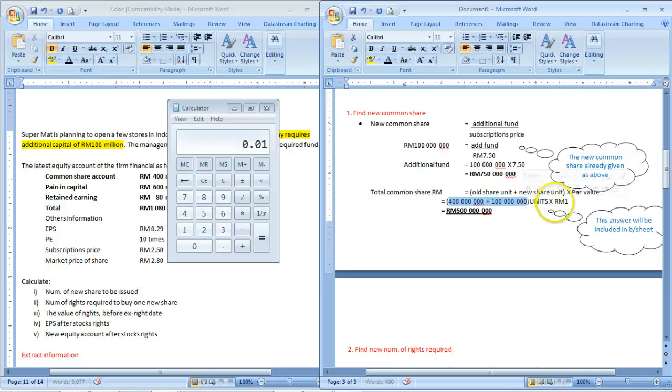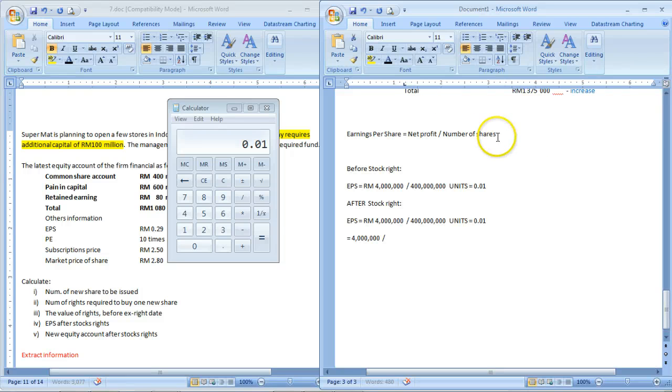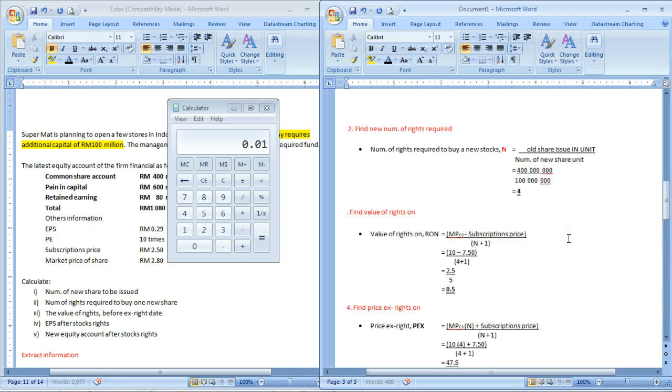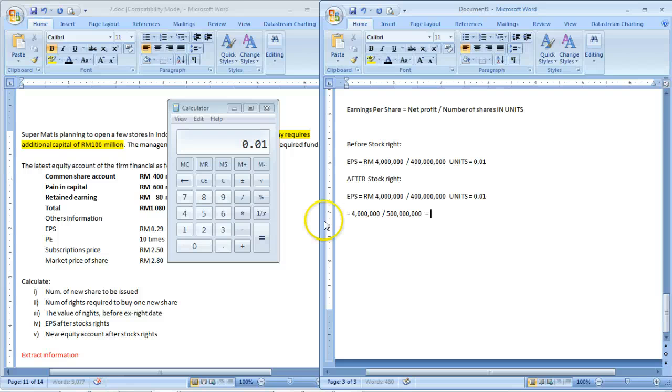Make sure it is in units. No need to times by par value when you calculate EPS, because the formula uses number of shares in units. So it is 500 million, and it equals 4 million divided by 500 million.